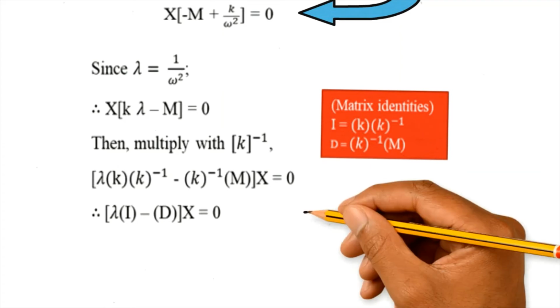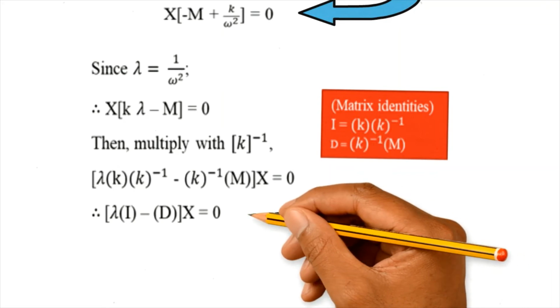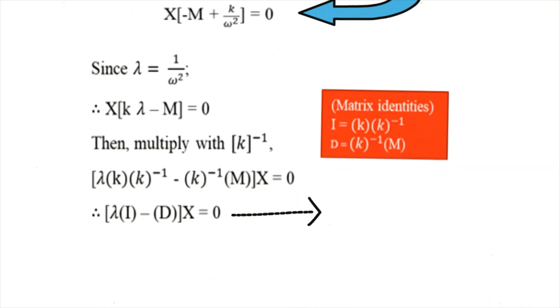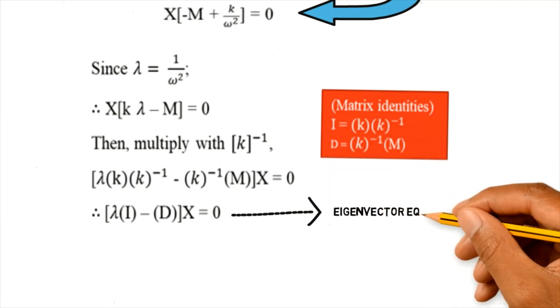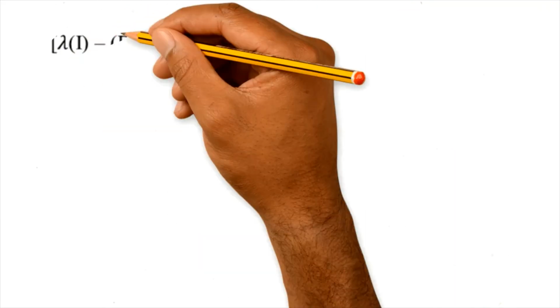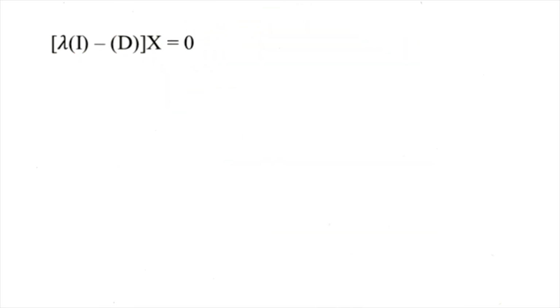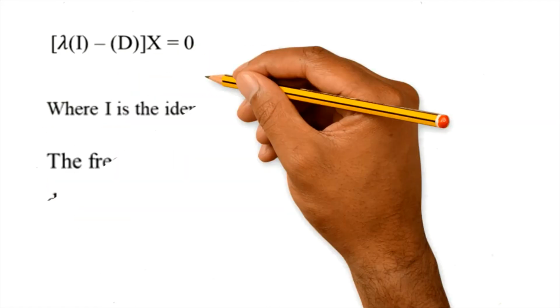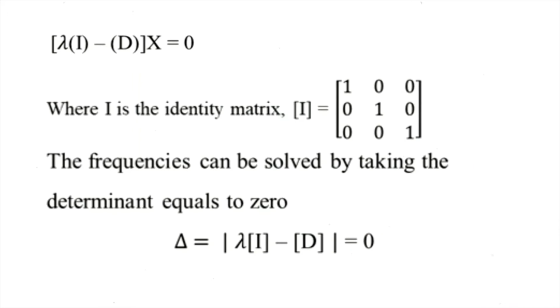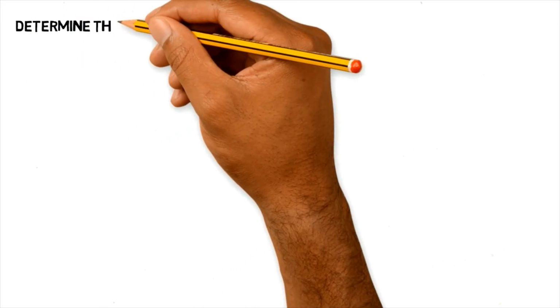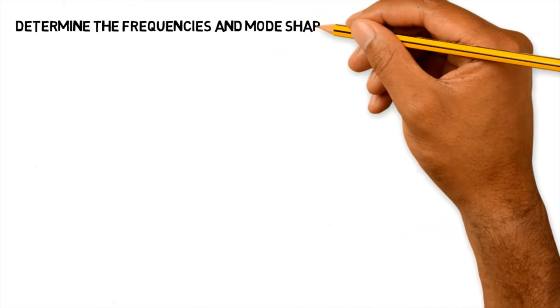Then it is multiplied to k power of negative 1, resulting in eigenvector equation. Once the natural frequency are known, the mode shape or eigenvectors can be calculated using equation shown, where I is the identity matrix. Moving forward to the sample problem.